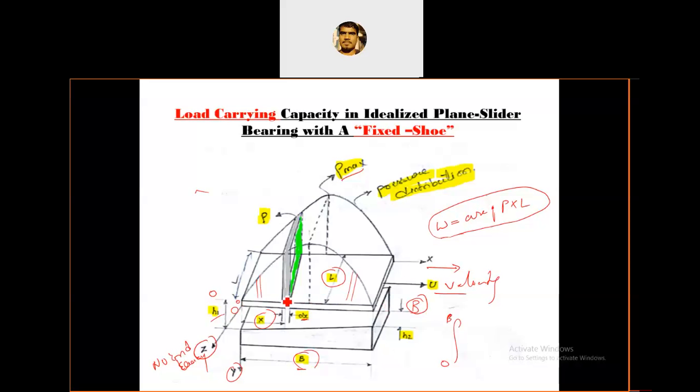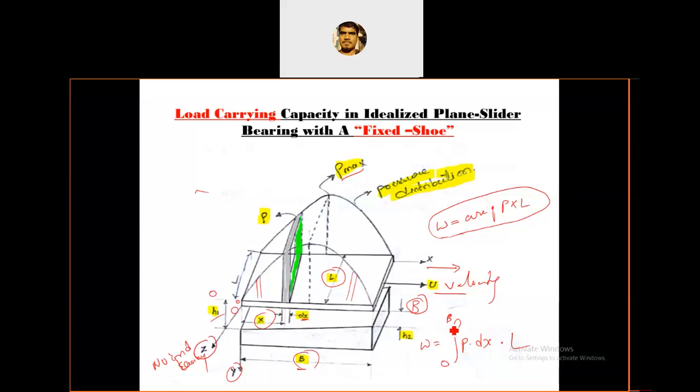We got only the load carrying capacity of a small area; integration means adding all these small elements from 0 to b, which gives the whole plate load carrying capacity. So we can write W is equal to the integral from 0 to b of p dx into L.